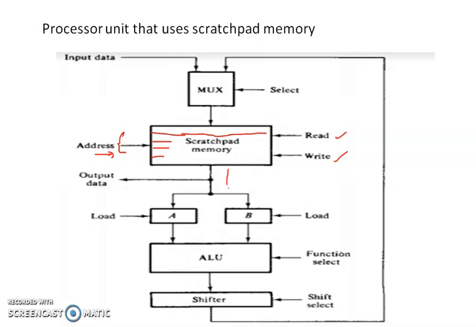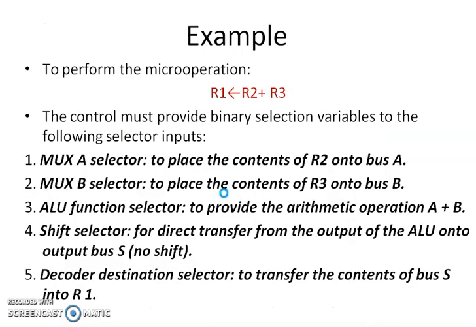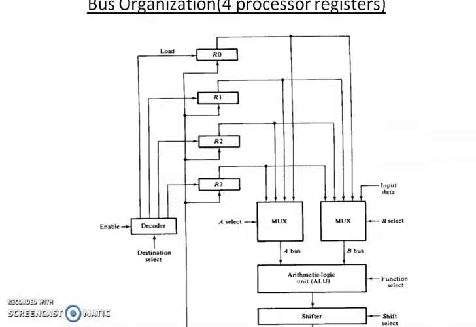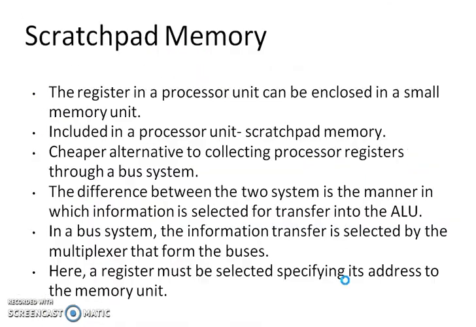Then what you can see here is, as we discussed in the previous class, how the input data was fed to the arithmetic logic unit with the help of the multiplexer. The multiplexer was selecting from a set of registers which were placed on the A bus and B bus. 2 registers will be placed, and the action will be performed by the arithmetic logic unit.